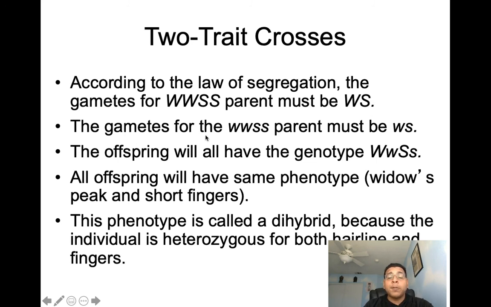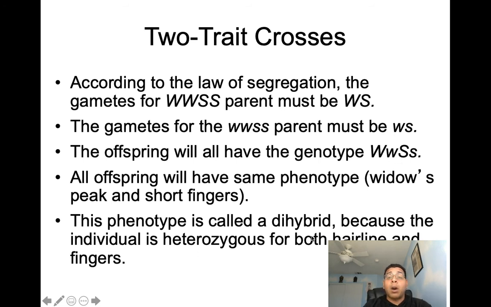Now the gametes for the lowercase w, lowercase s parent have to be a lowercase w and a lowercase s. So that we can see there. Now the offspring will all have the same genotype, capital W, lowercase w, capital S, lowercase s. Now, all offspring will have the same phenotype, widow's peak and short fingers, right? That's what we're going to see here.